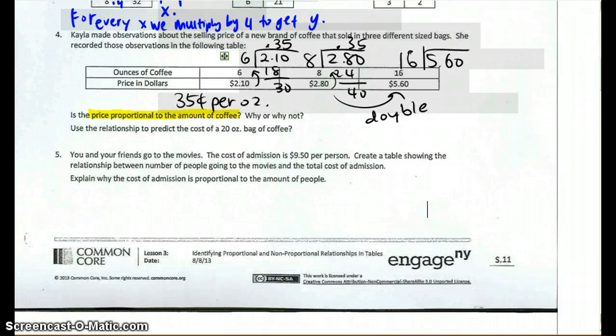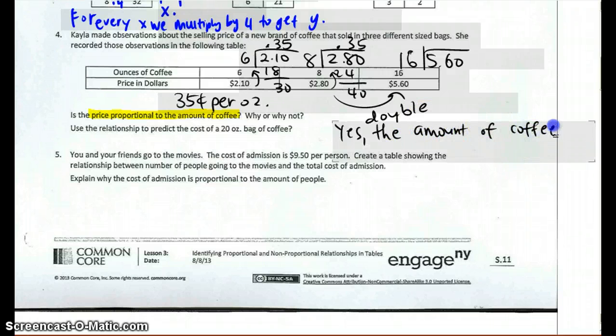All right, and so yes, the amount of coffee is proportional to the price. Okay, why or why not?